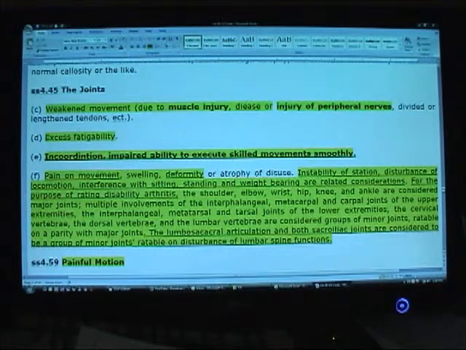The lumbosacral articulation and both sacroiliac joints are considered to be a group of minor joints, ratable on disturbance of lumbar spine function.